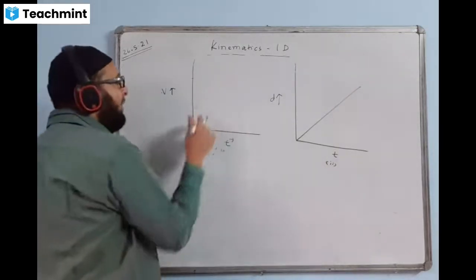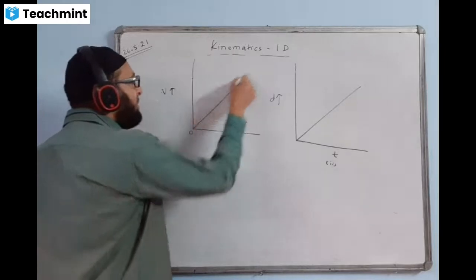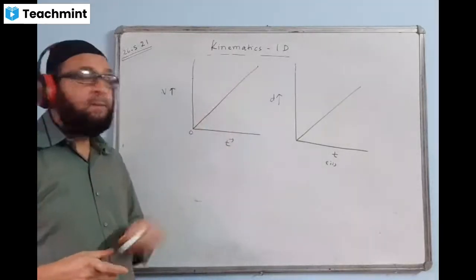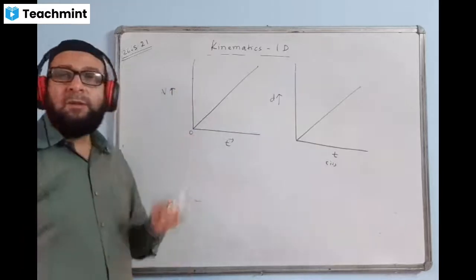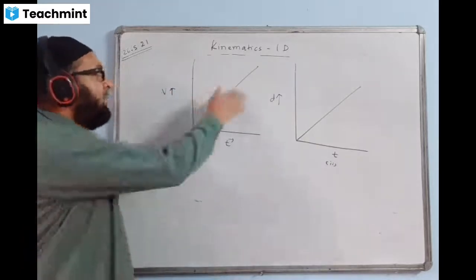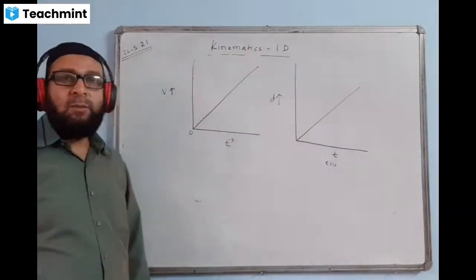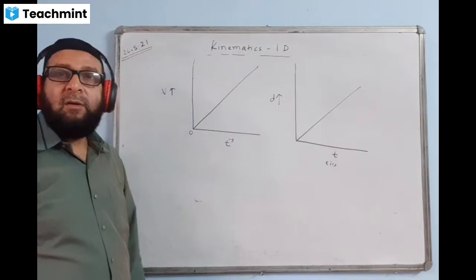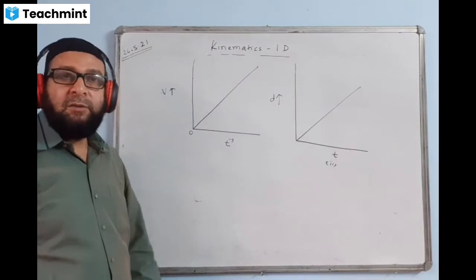Okay, now if the graph is given like this, what comment do we give? The body is moving with a uniform, that is, the slope is constant, uniform. The body is moving with a constant or uniform acceleration. Same thing comes this way, that means negative slope. The body is moving with a uniform retardation, we can say, or uniform deceleration.